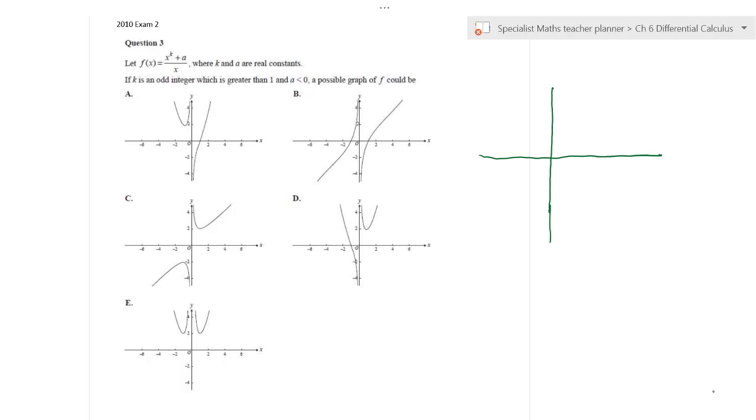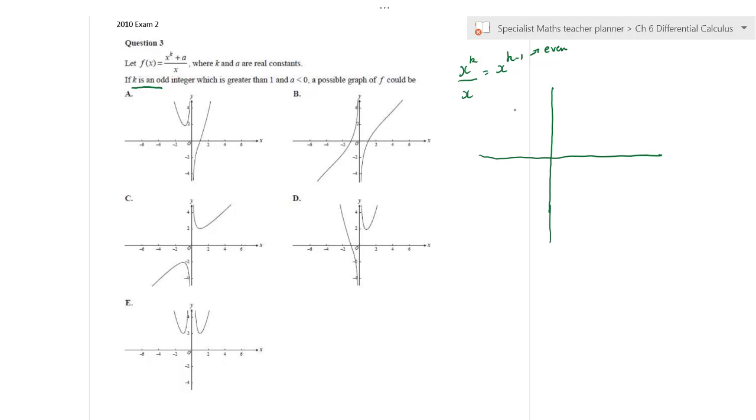That's fantastic. So what Jack was just saying is that because k is odd, then x to the k over x is equal to x to the k minus 1, which is even. Now, we know an even function when you have it to the power of, and we're also told that it's an integer greater than 1.